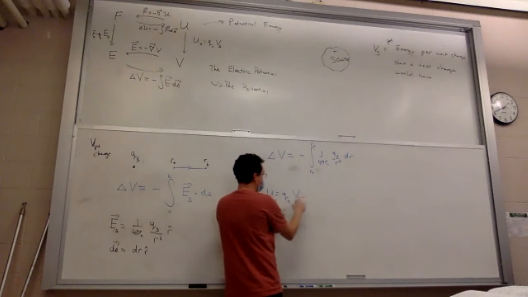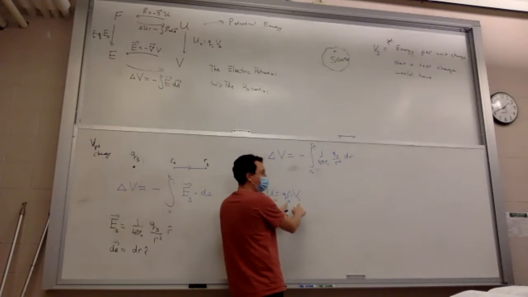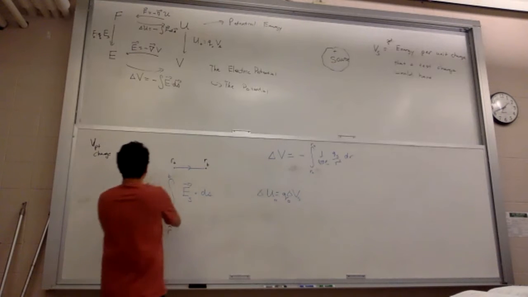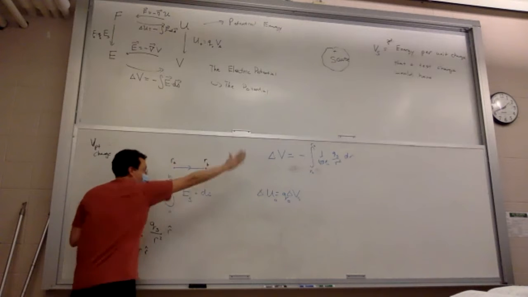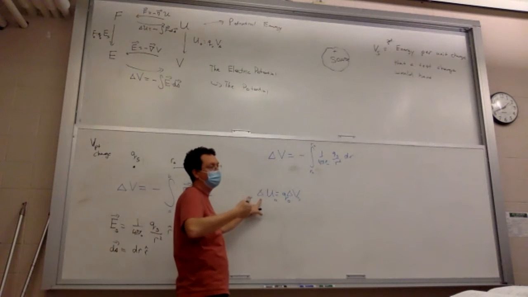So that means delta U is negative, and if this is a positive charge, it means you lost potential energy. But that means your kinetic energy goes up. You're gonna go faster, which makes sense, right? If these are all positive and you put a positive here and you let go, it's gonna speed up. It lowers potential energy, which means it gains kinetic.